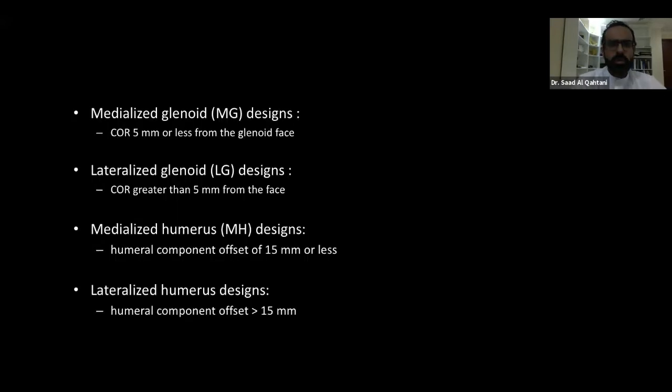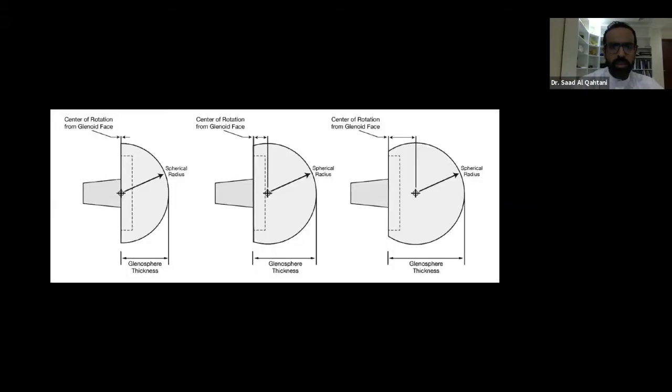What do we mean when we say medialized glenoid design? We mean that the center of rotation is 5 millimeters or less from the glenoid face. Lateral glenoid design means that the center of rotation is greater than 5 millimeters from the face of the glenoid. Medialized humerus means that the humeral component offset is 15 millimeters or less, and lateralized is more than 15. As you can see here, when we say lateralized, we increase the glenosphere thickness.